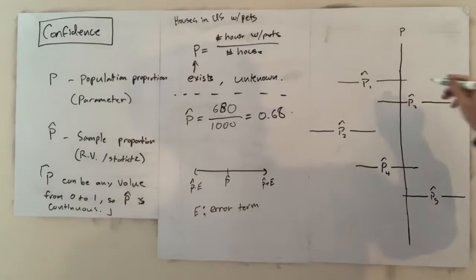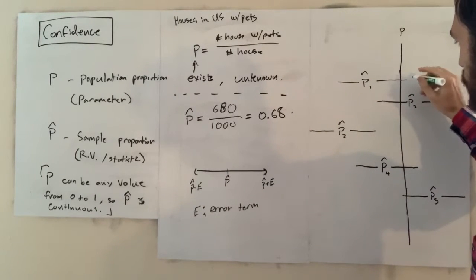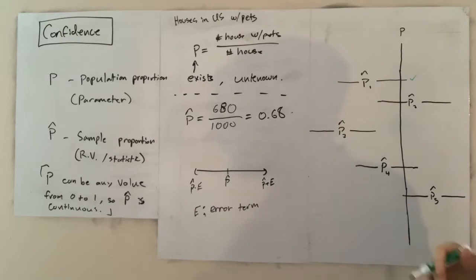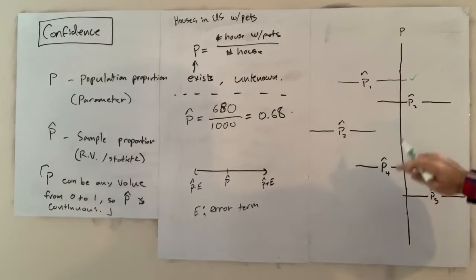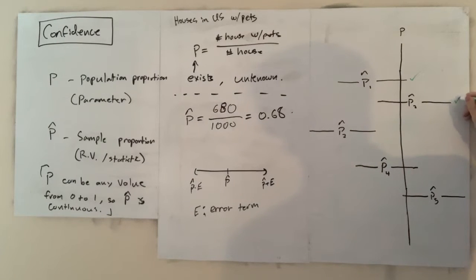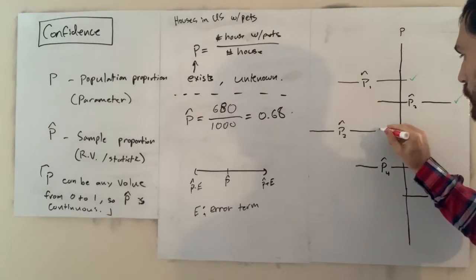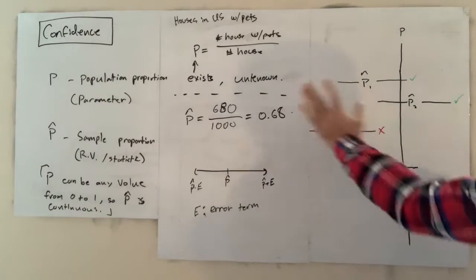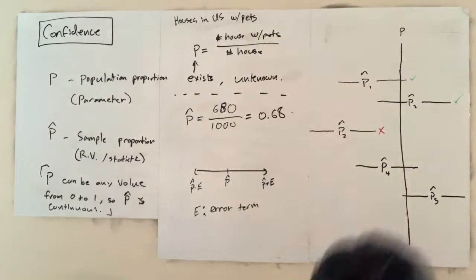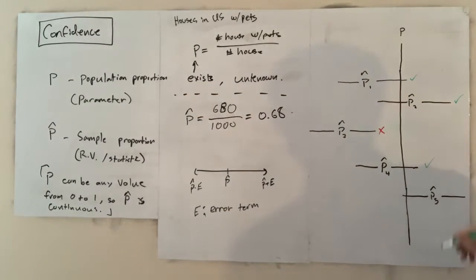And guess what? The parameter is captured. Works out. And now we do it with the second one, and we, again, capture the parameter. We hit it. Now, what about P3? P3, we don't hit it. It lands outside there. And then P4, we capture it.